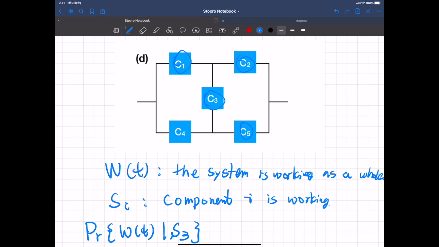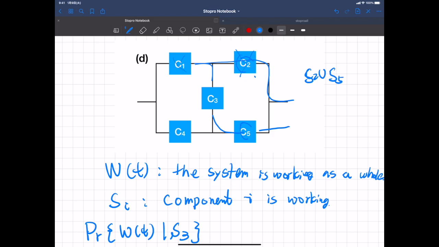If C2 is working, then it's fine. If C2 is broken, then we can go through C5. So given C3 is working and C1 is working, either C2 or C5 should be working.